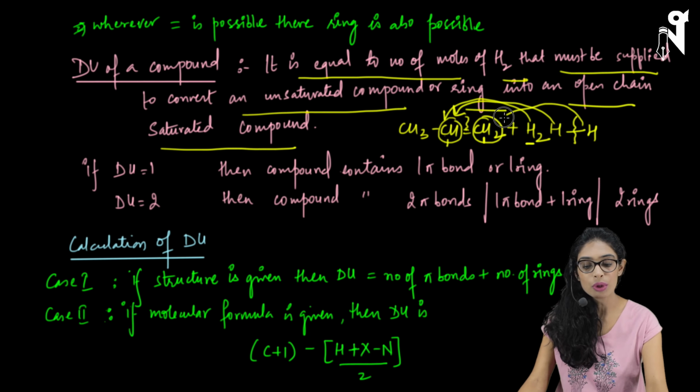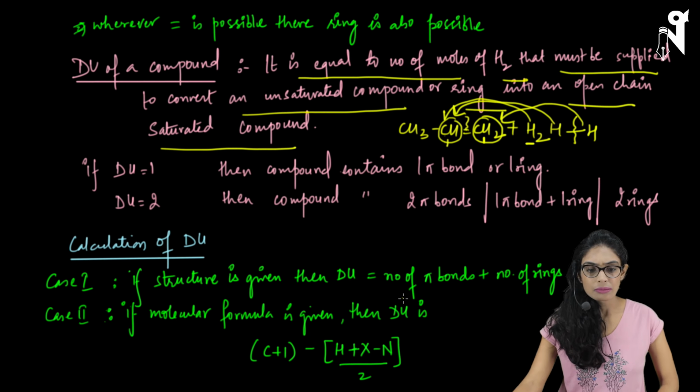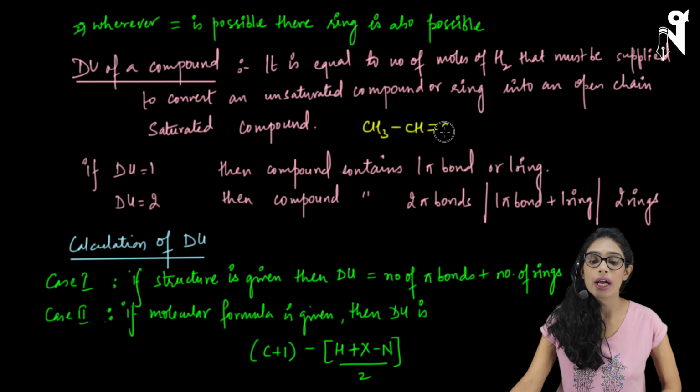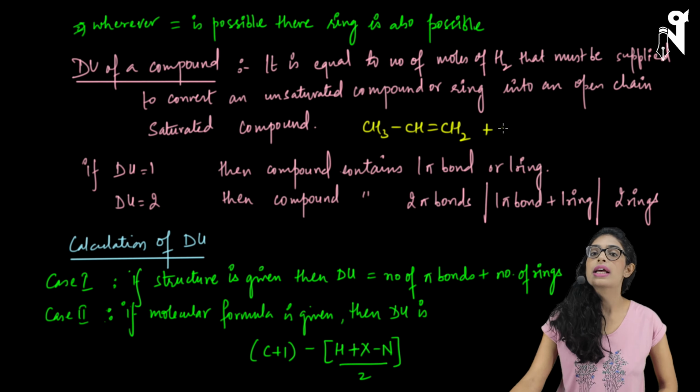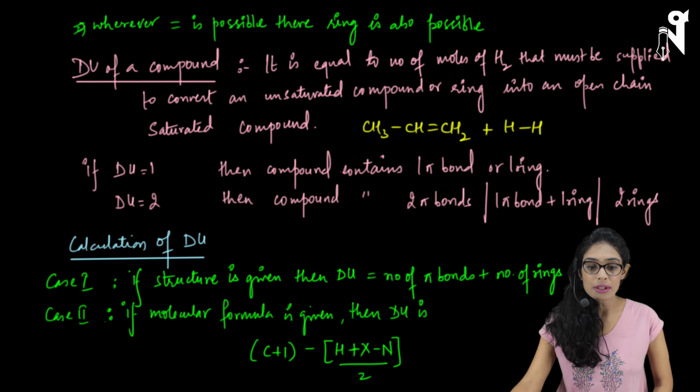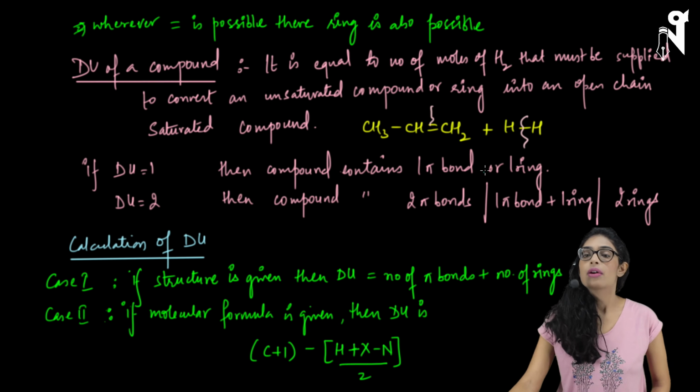Let me write it a little more neatly. I had CH3, CH, double bond CH2, and I have reacted it with hydrogen, which I write as H single bond H. Now, what has happened is the bond got split here, and it created two new valencies, one here and one here on this carbon.